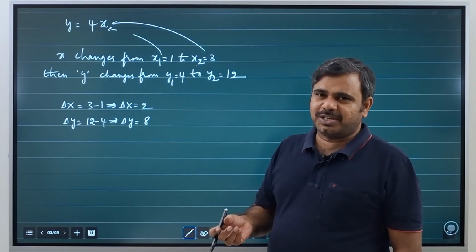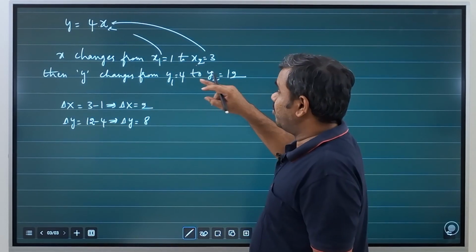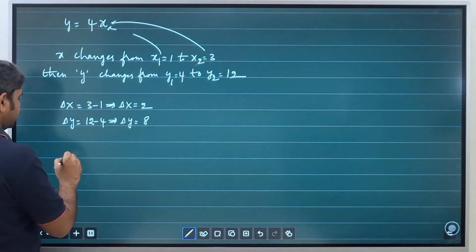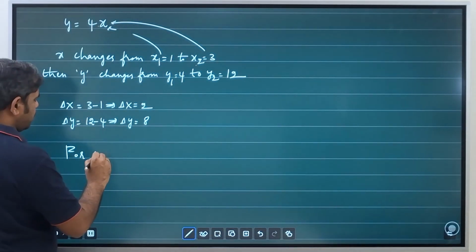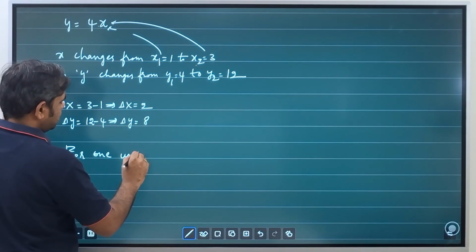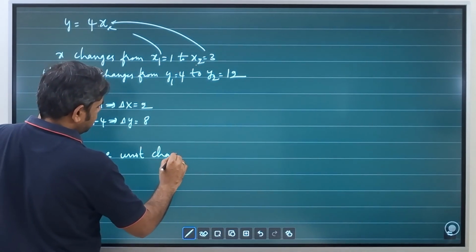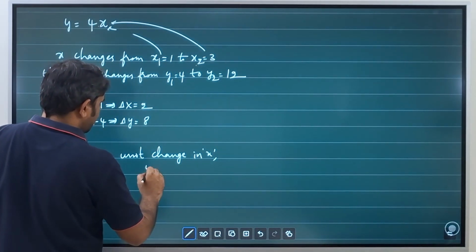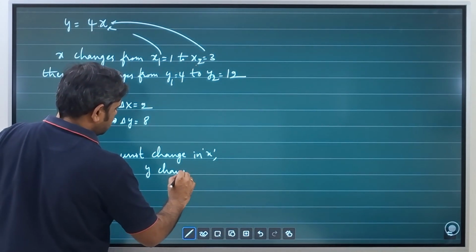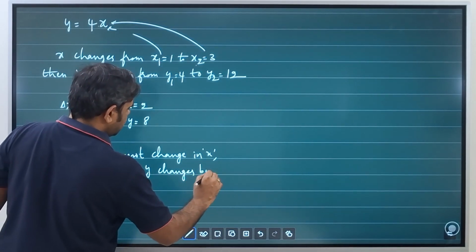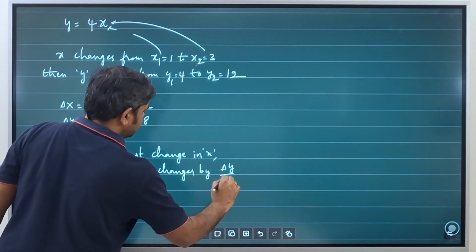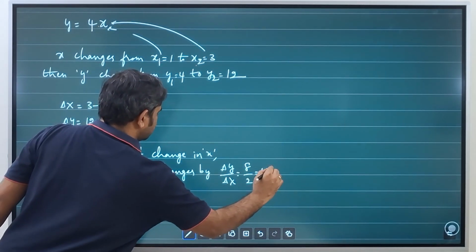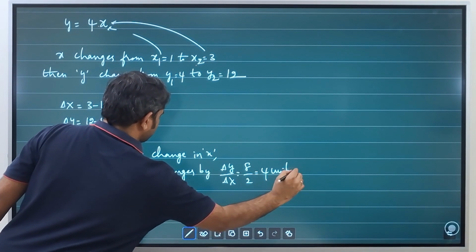So how much is the change in y when the change in x is 1 unit? For 1 unit change in x, y changes by delta y by delta x, which is 8 by 2. Y changes by 4 units. That's what it simply means.